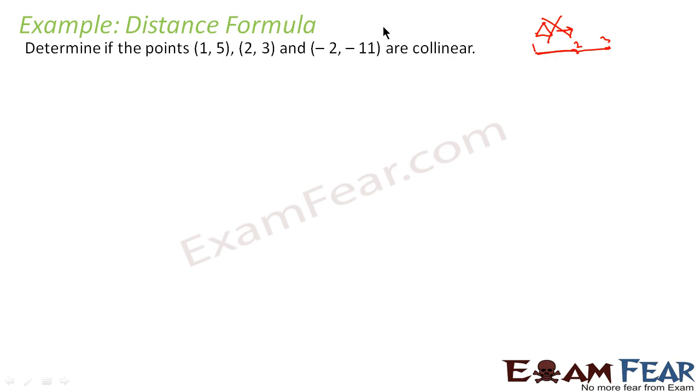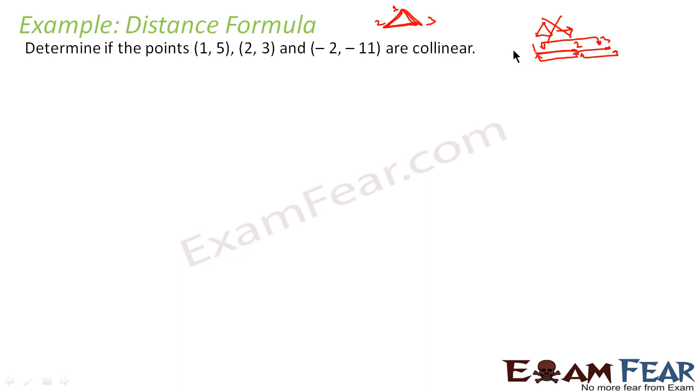See, if the points are not collinear, they will form a triangle. In that case, the distance between 1 and 2 and the distance between 1 and 3 will not add up to the distance between 2 and 3. But the moment you talk about a straight line, the distance between 1 and 2 plus the distance between 2 and 3 will have to be equal to the distance between 1 and 3.